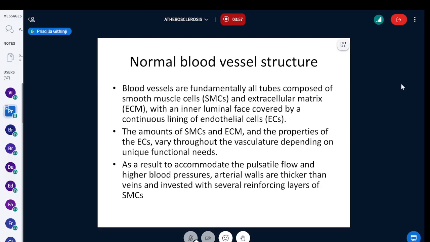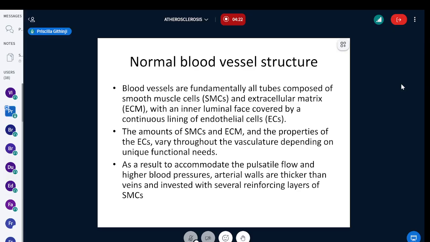It is important to know the normal architecture of a blood vessel, the normal anatomy, so that when we discuss the various disorders that affect blood vessels, you can know which part of the blood vessel is affected, and the role that each part plays in the pathogenesis of a particular disease, for example, atherosclerosis.